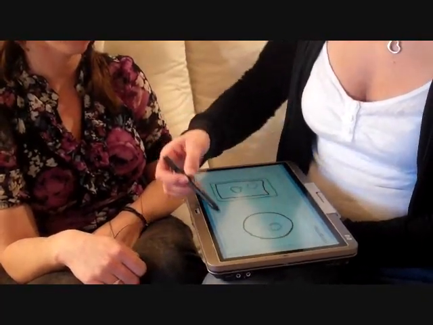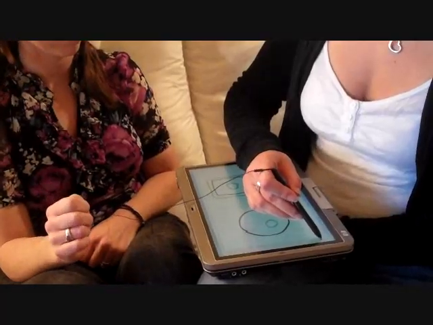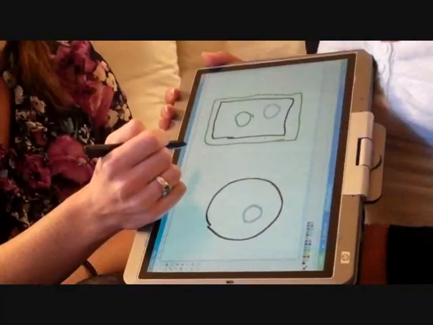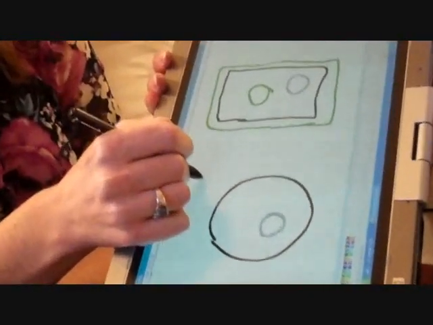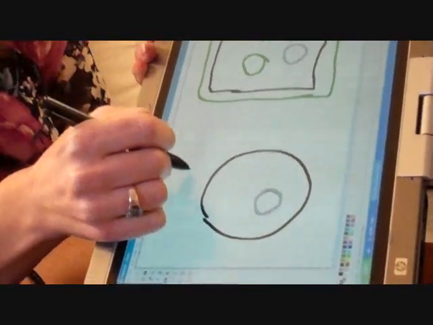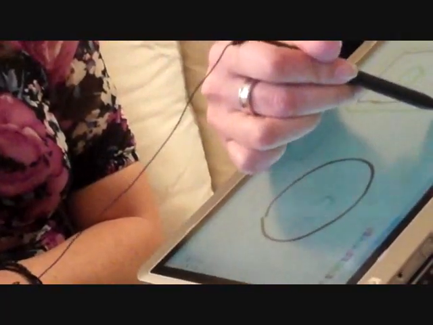So let's go ahead and label our parts. Can you label the chloroplast for me, please? All right, excellent. And then you said that this other structure here is the cell wall. Can you label the cell wall as well?